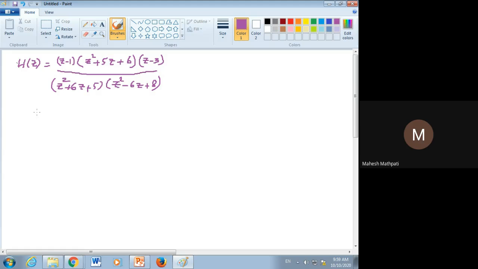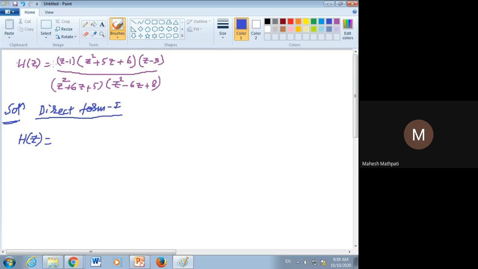Now let us write down the solution for this. First we will go for direct form 1, then we will go for direct form 2. H(z) is equal to, first we will simplify these brackets.